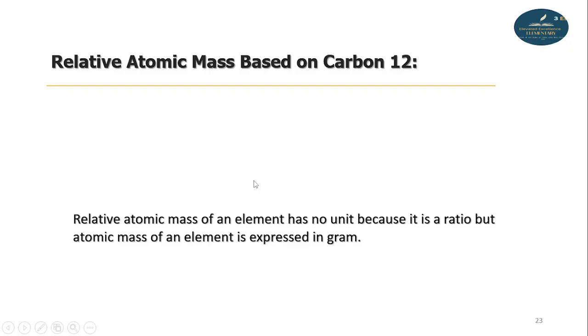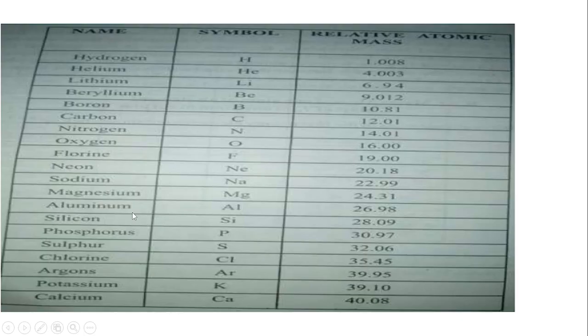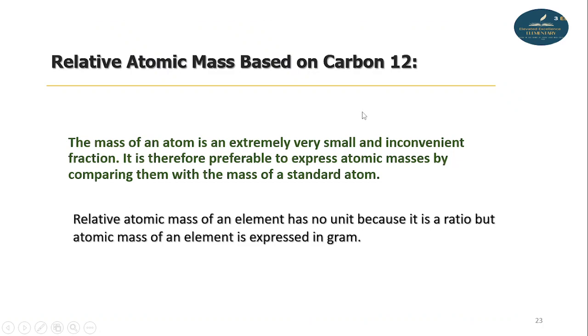Now, the relative atomic mass. Let's look at the relative atomic mass based on carbon-12, and how you can determine the relative atomic mass of an element. The mass of an atom is an extremely small and inconvenient fraction.